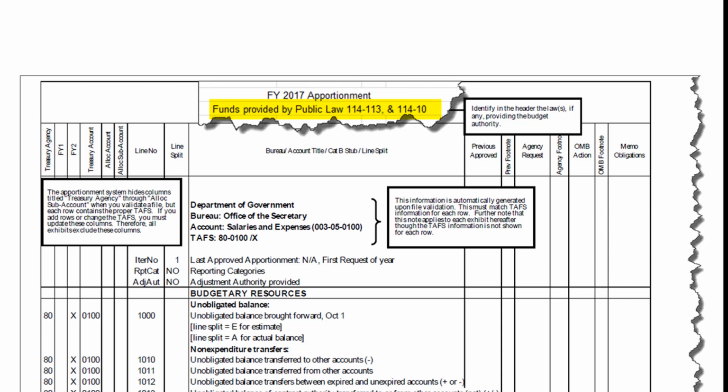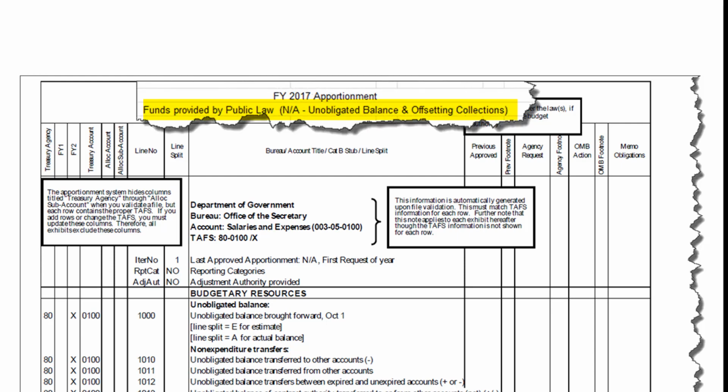If there are multiple public laws providing the resources, you may use a descriptive reference like funds provided by public law N/A, obligated balances and offsetting collections. The important thing to remember is that you should enter something to replace the X's in order to avoid a problem validating your apportionment.